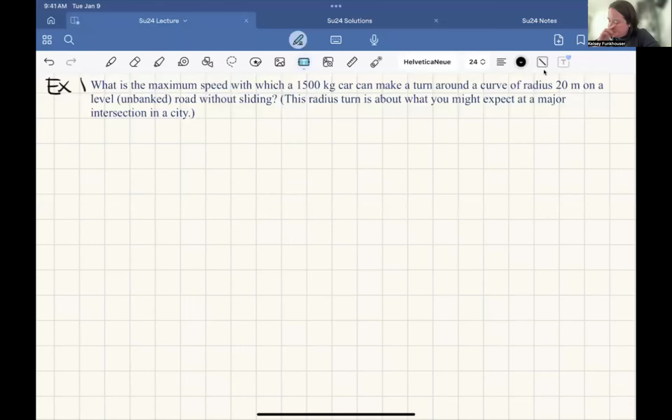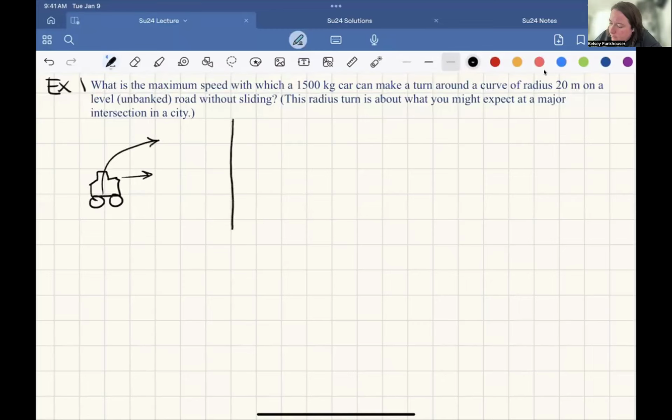Okay. So let's imagine we're looking at the car from behind and it's going around the curve. Then let's draw our free body diagram. What we're imagining is that the center of the circle is in that direction. So we have weight and normal force.